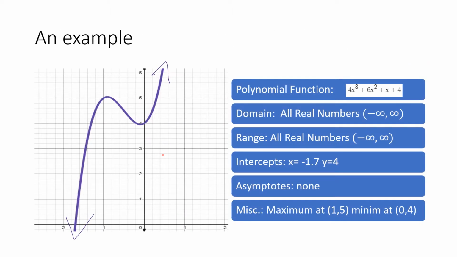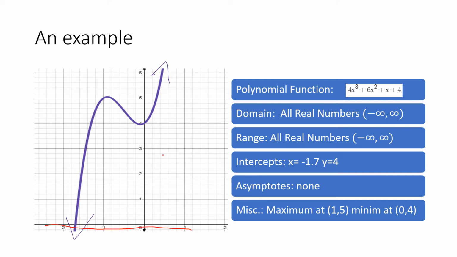All right, here's an example which I created. I have a polynomial function right here. When I'm talking about domain, I'm talking about the x-axis. When I start drawing, you notice that the graph keeps going.